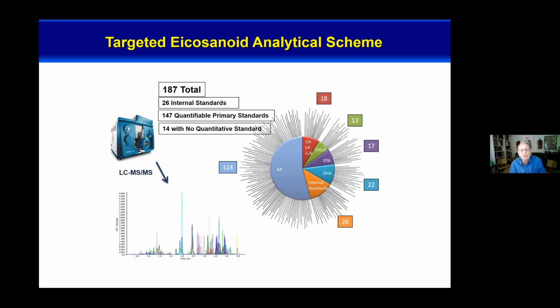So that tells you that each internal standard is used for 5 to 8 primary standards of very similar composition and similar fragmentation, so that the MRMs that we compare for the primary standards or the deuterated standards where it's not identical can be relatively the same, as Bob Murphy described the methodology earlier today.